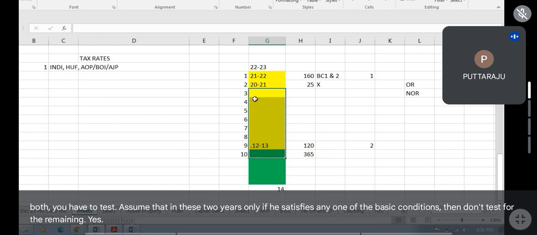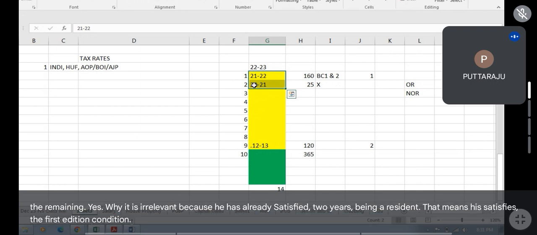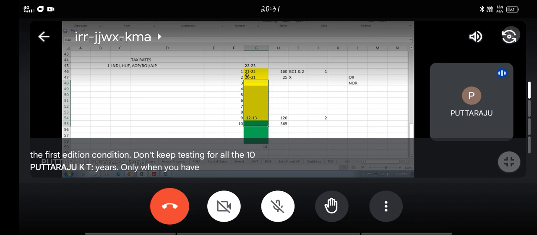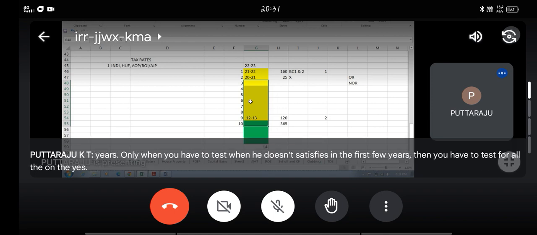It is irrelevant, because he has already been a resident for 2 years, which means he satisfies the first additional condition. Don't keep testing for all the 10 years. Only when he doesn't satisfy in the first few years do you have to test for all the years. If he satisfies in the first 2 years or first 3 years only, there is no need to go further.